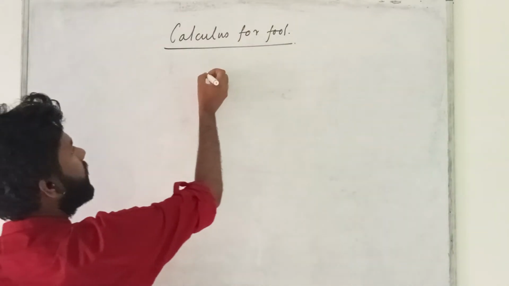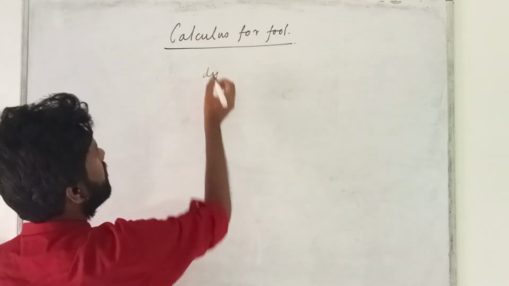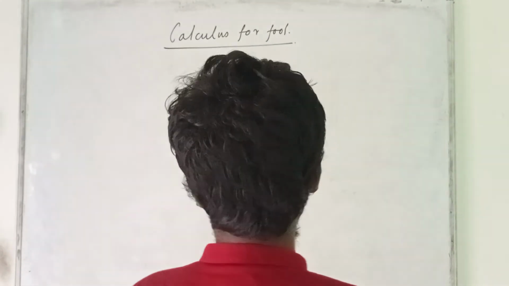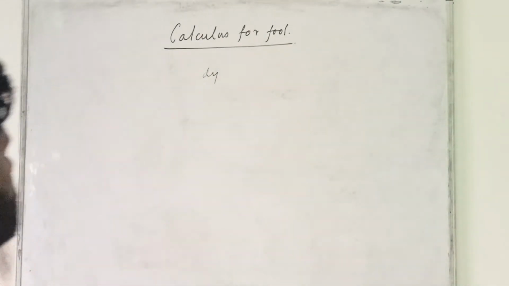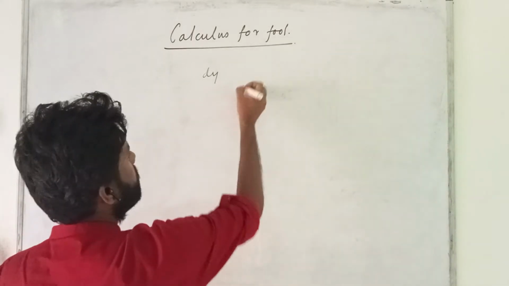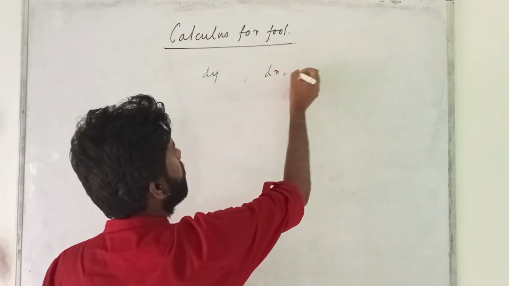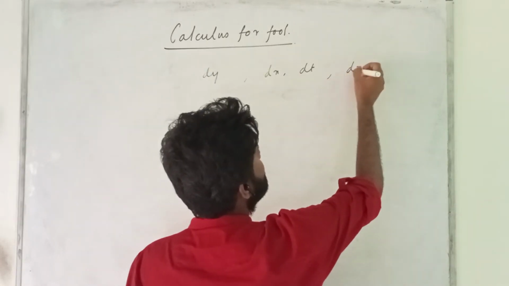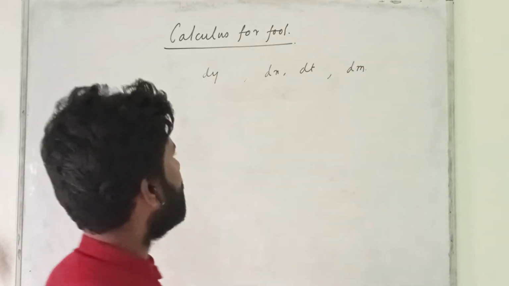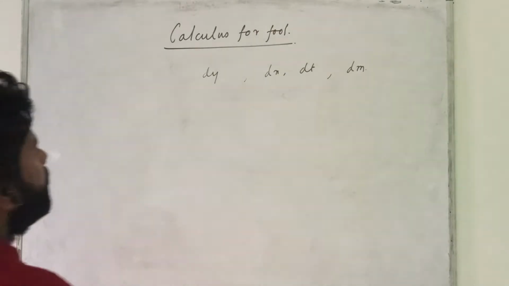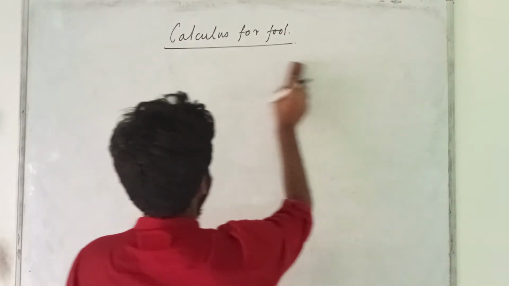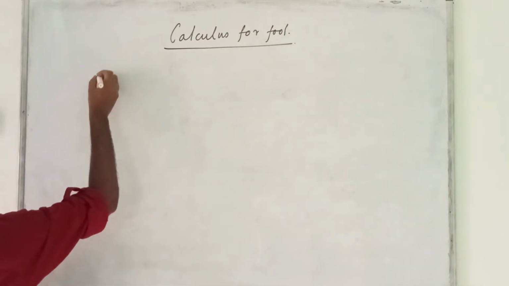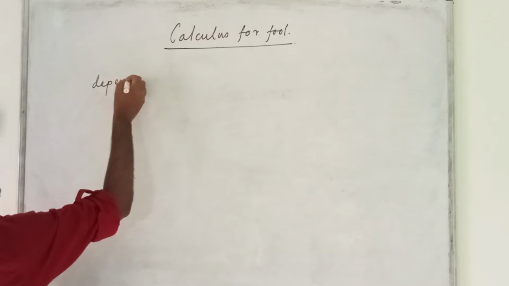Now what is dy actually? d simply means little bit of. So dy means little bit of y, dx means little bit of x, dt means little bit of t, dm means little bit of m, something like that. Now our subtopic right now is dependency.